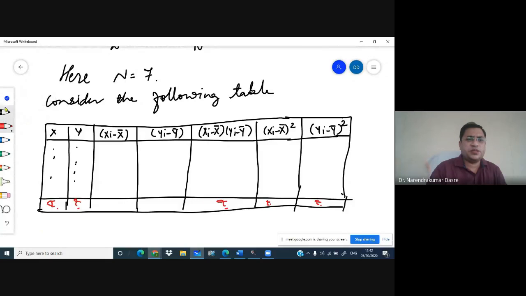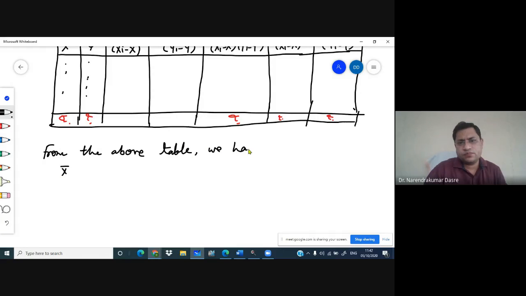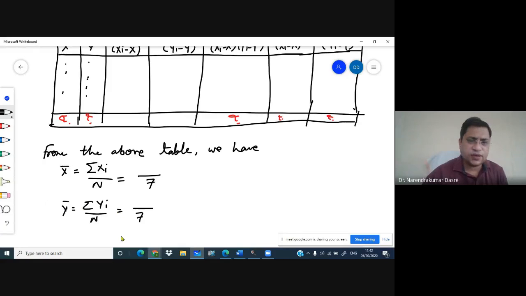From this table we first calculate x bar, which is equal to summation xi upon n, where n is 7, and y bar is equal to summation yi upon n, where n is 7.